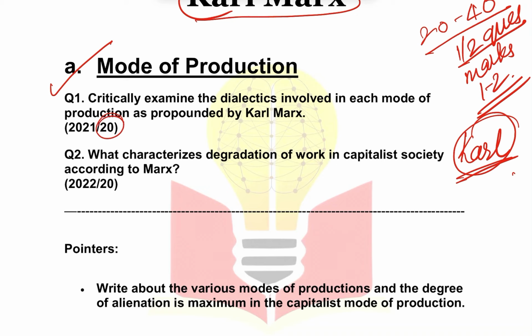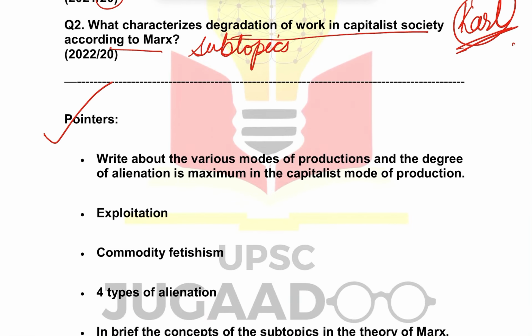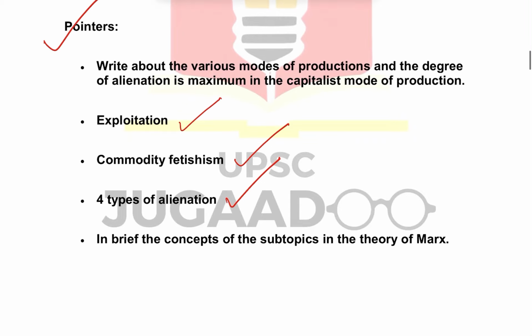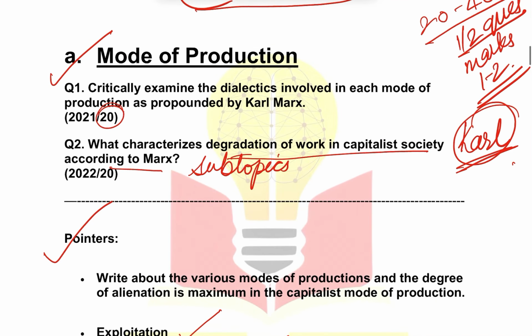What characterizes degradation of work in capitalist society according to Marx? ये टॉपिक में आपको सब टॉपिक्स लिखने हैं सारे मार्क्स के, जिसके पॉइंटर्स मैंने आपको यहाँ पे दे दिए हैं, which is a combination of mode of production, what exploitations the workers faced, commodity fetishism, 4 types of alienation. In brief, concepts of all the subtopics in the theory of Marx. Now we'll see the first topic, mode of production.